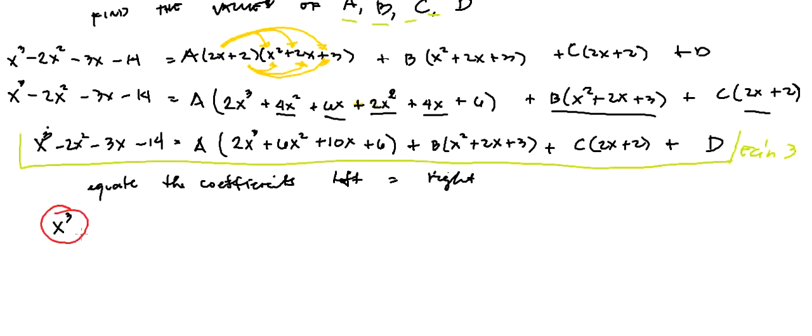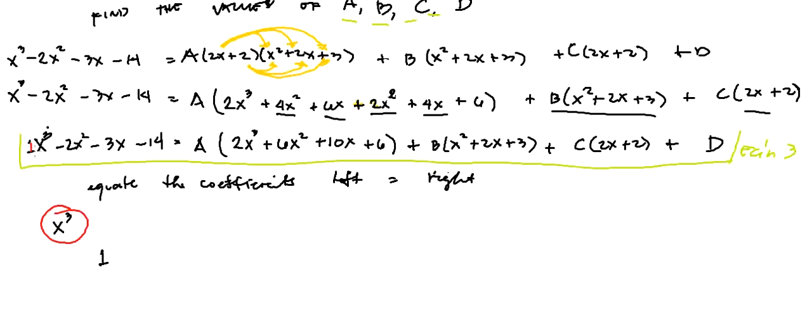Okay, so on our left side, we have x cubed with constant 1 here, right? So we will write 1 here, and this is the only x cubed, so we write 1.